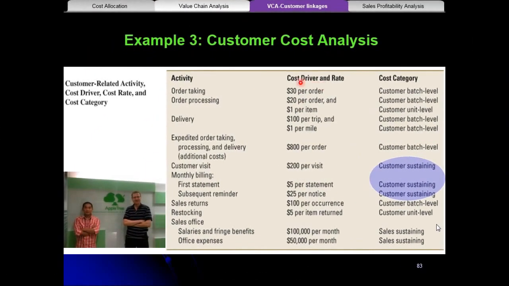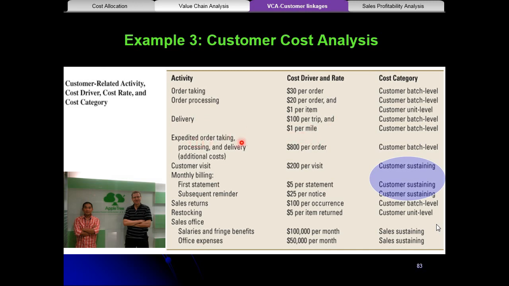Here are the different cost drivers and the rates. We have all the different activities, and we've determined from past analysis that it costs us $30 per order. Processing costs us $20 an order, plus $1 per item. Delivery, $100 per trip and $1 per mile, because some trips are longer than others.